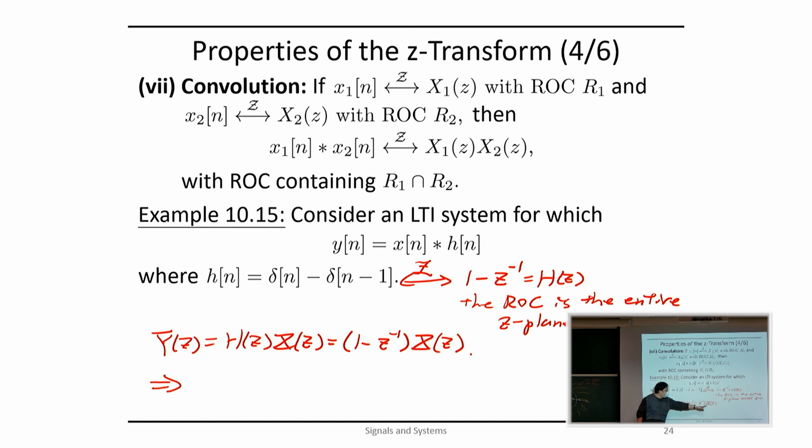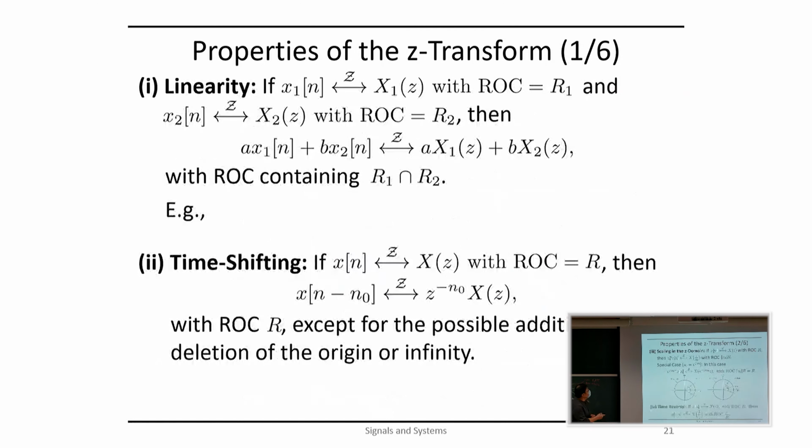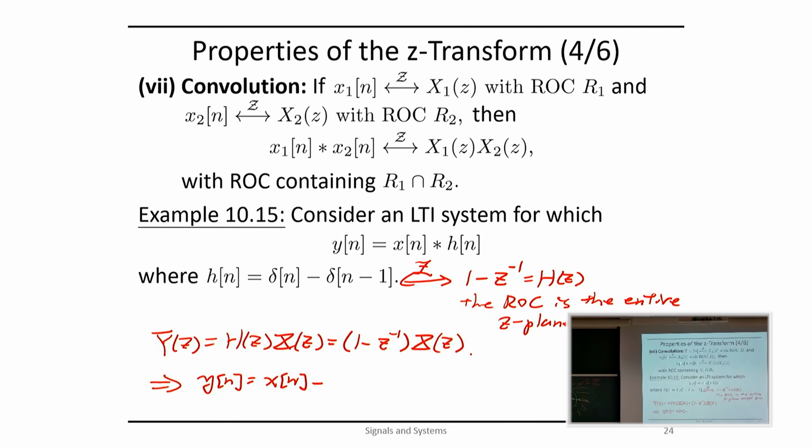X of z translates back to the original signal x of n, and z inverse times X of z corresponds to a time shift. Multiplying by z to the minus 1 corresponds to shifting by 1 time index, so in the second term you have x of n minus 1.